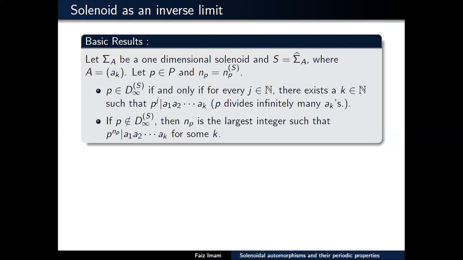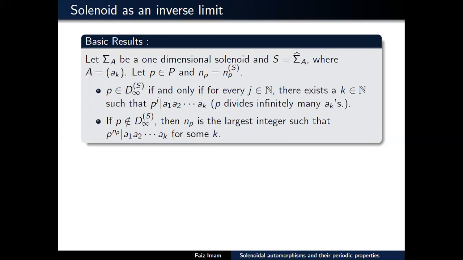These are the results which I have got for dealing with the solenoid as an inverse limit. We have sigma A, which is a one-dimensional solenoid, and S, which is the Pontryagin dual of this solenoid, where A denotes a sequence. P is a prime number, and we denote NP of S, the p-height, defined as the supremum of HPX. We denote NPS as NP.